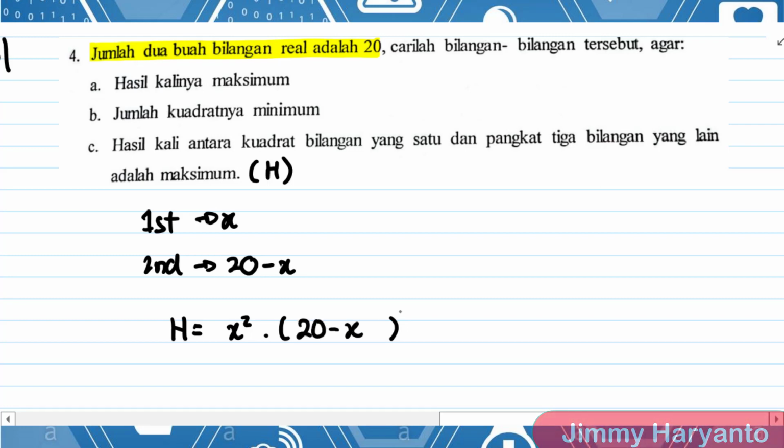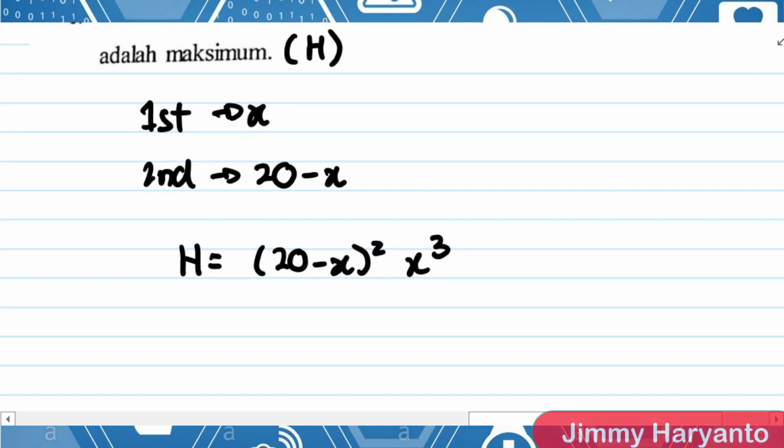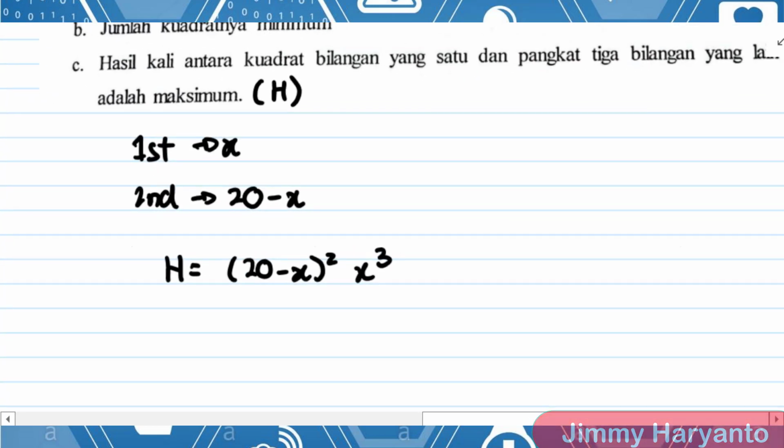Oh no, I regret taking that one as the square one. I should pick, okay, let's change it. So the square one will be 20 minus x square, and the cube one will be x cube. Okay, let's change the question a little bit to make it easier.